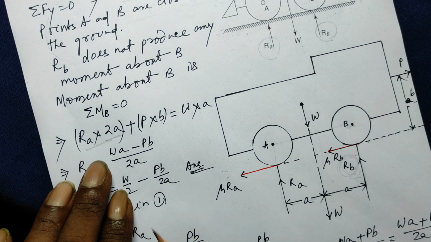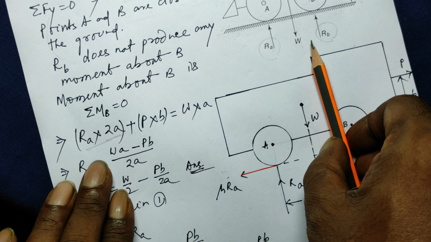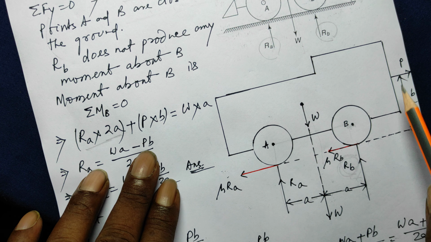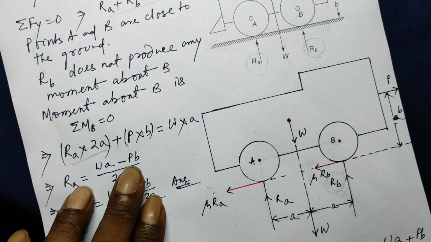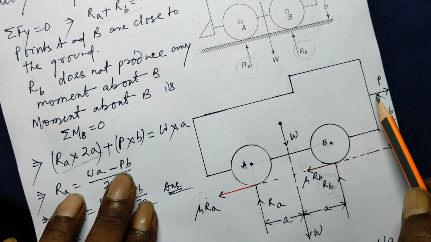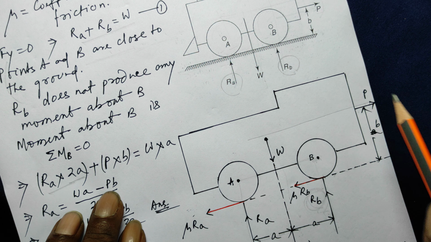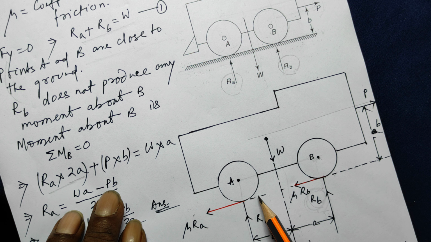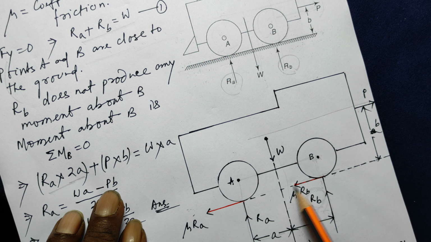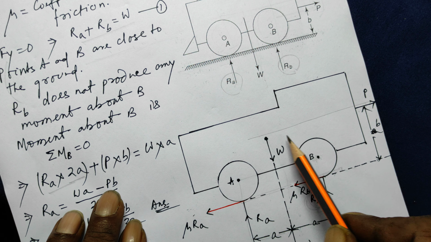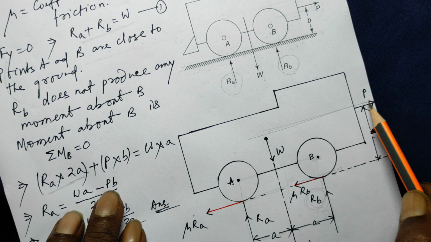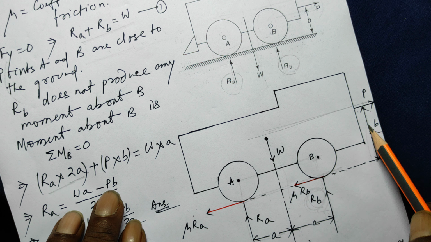So RA times 2a is a clockwise moment, and the line of action of P, that is this line, since B and A are very close to the surface here, is at this perpendicular distance, that is given as b.